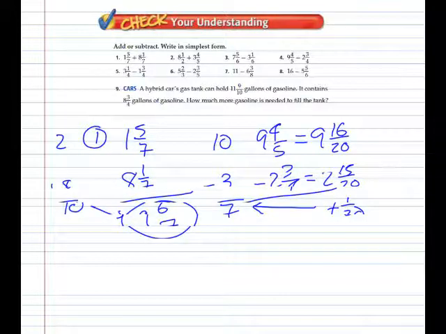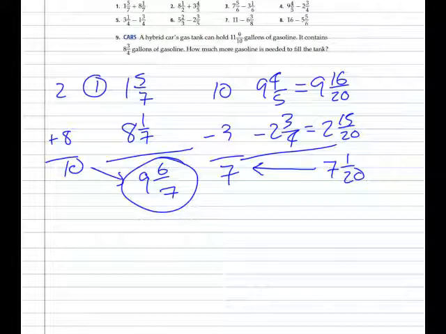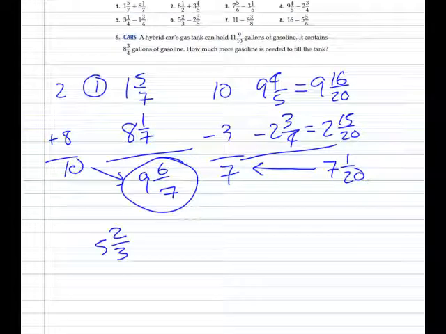Let's do one last one where we have to do a little renaming. Let's go to number 6 and do 5 2/3 minus 2 3/5. Let's see, do I have to rename there? I don't think I do. Let's try it anyway.